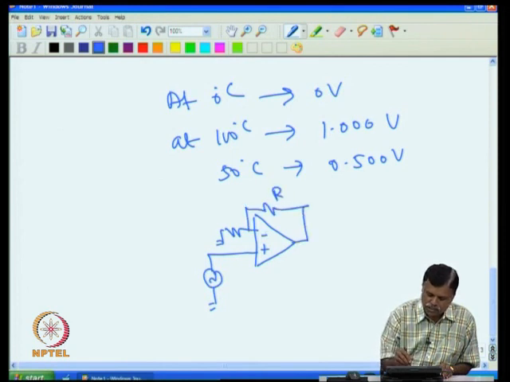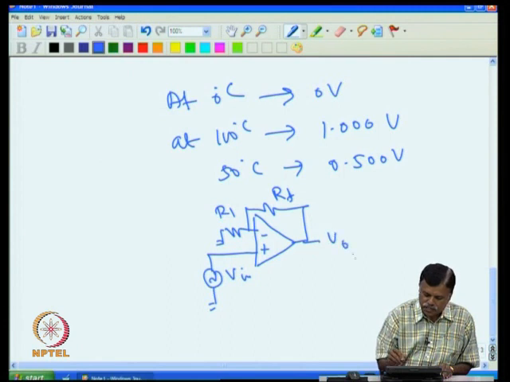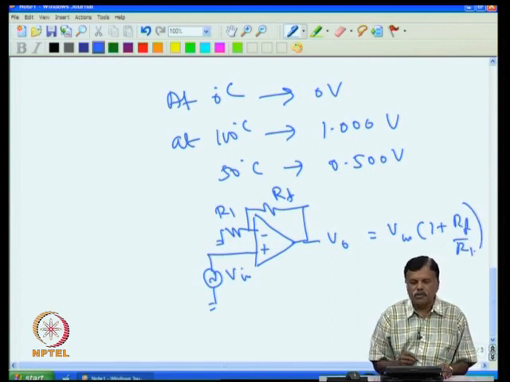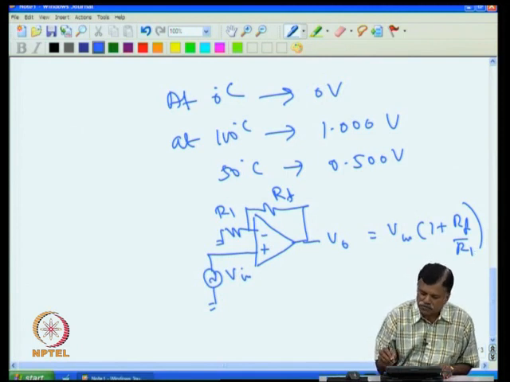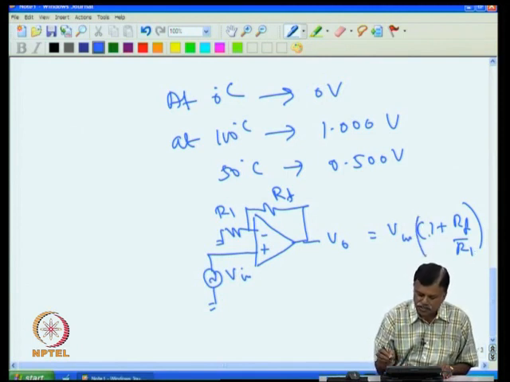So, you know that this is RF and R1, V input is this and V output is here, then V output is given by V input into 1 plus RF by R1. You may be familiar with this from your earlier circuits, so I will not get into the derivation. You have already done this in your undergraduate course.